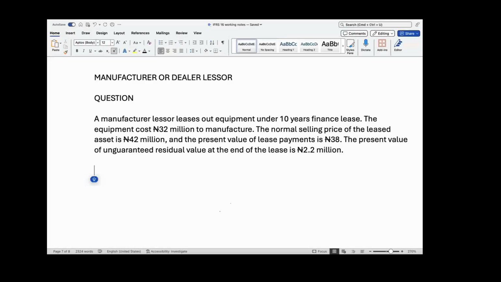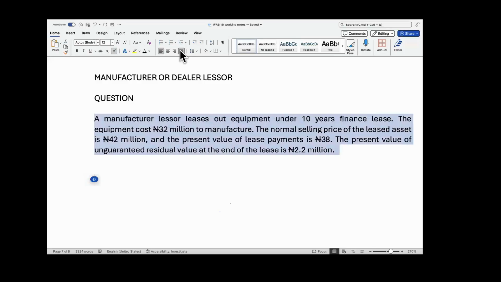The present value of unguaranteed residual value at the end of the lease is 2.2 million naira. Okay, so they didn't give us any requirements here. So let's see what they want us to do.